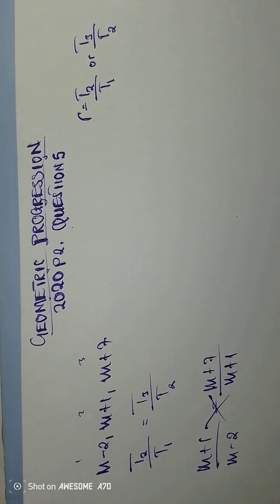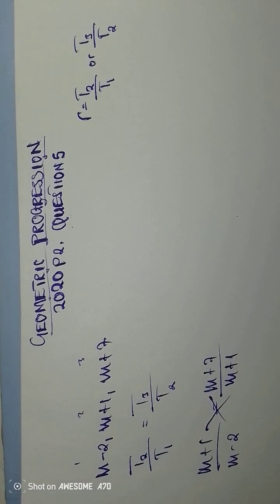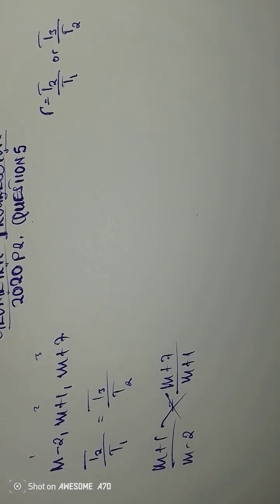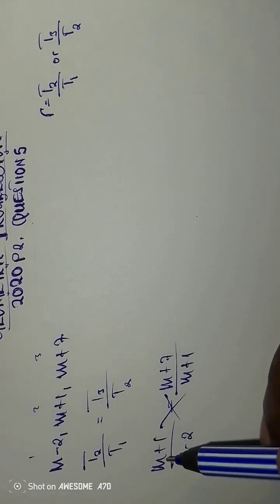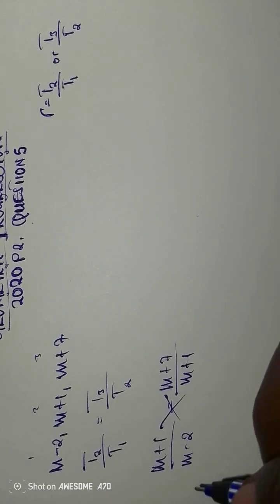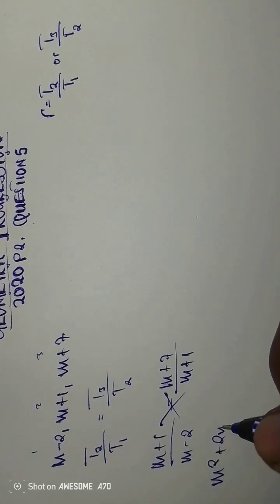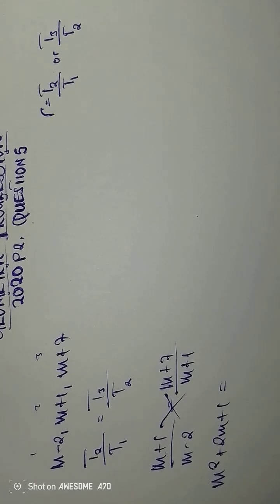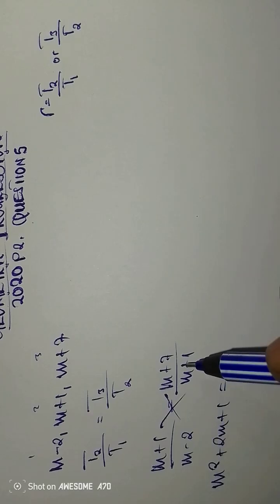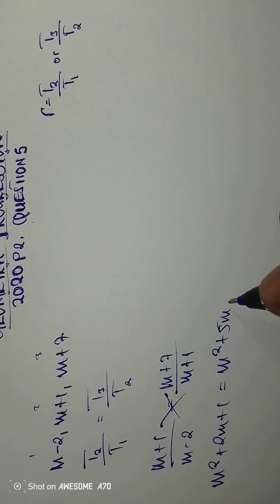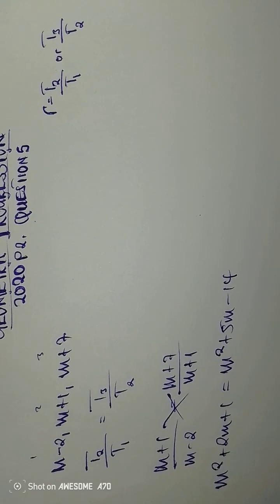From here you can cross multiply. When you multiply this by that, you have m squared plus 2m plus 1, which is equal to m squared plus 5m minus 14.